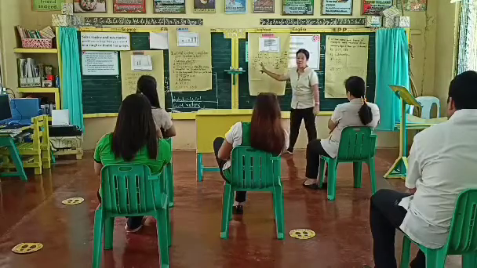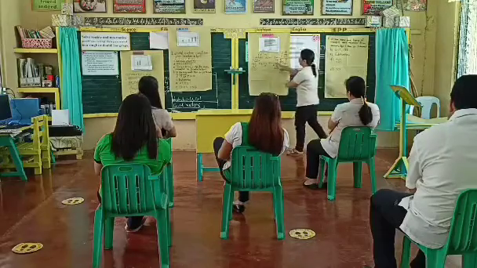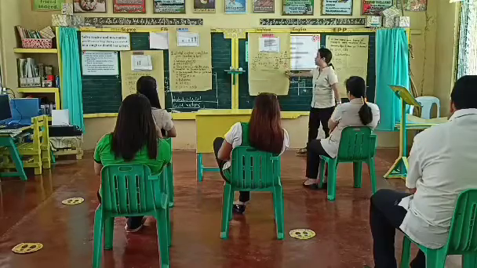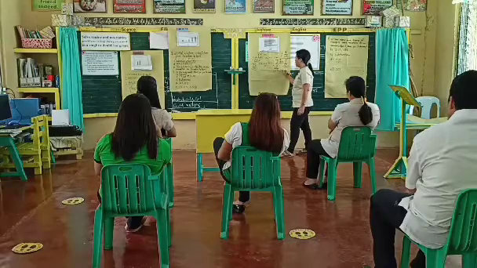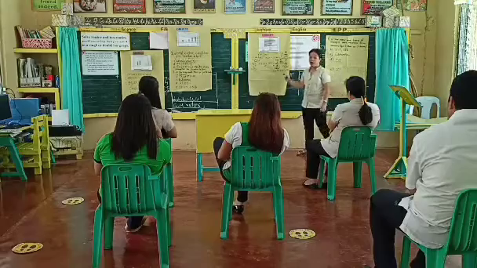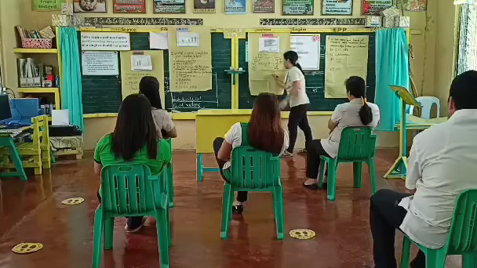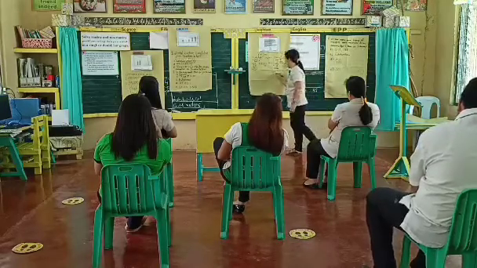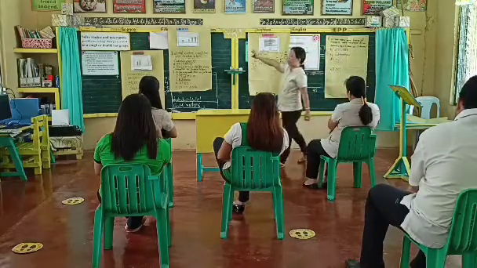That is an example of a number sentence, the correct answer for letter D. Also for question number 2: 25 plus 20 plus 15 plus 30 equals 90. That is the answer for letter E. The complete answer is 90, like what happened in group 1 and group 2.